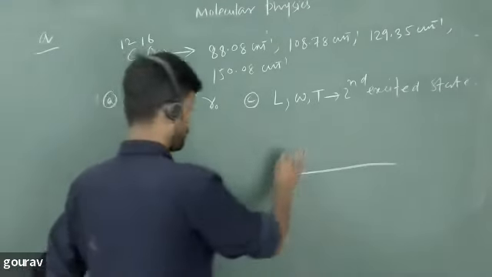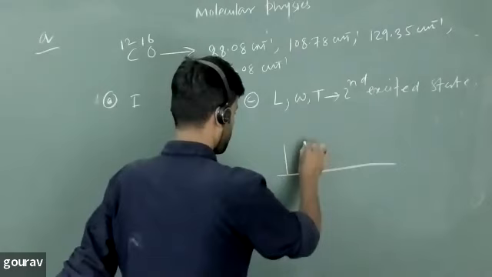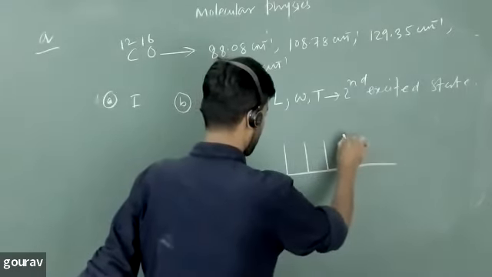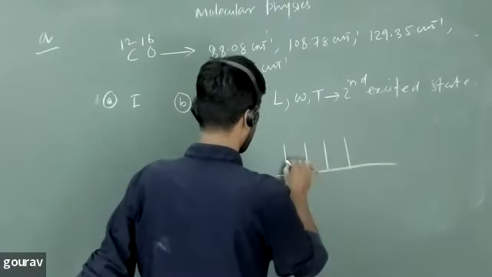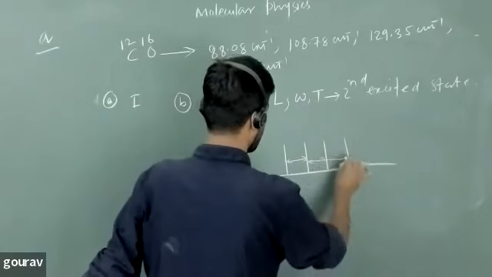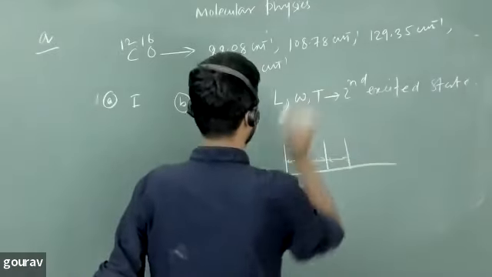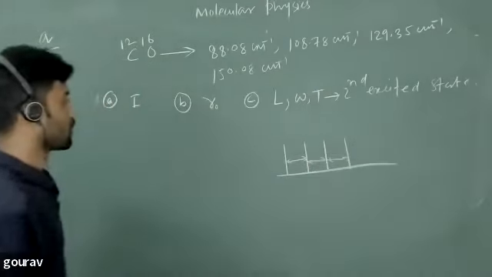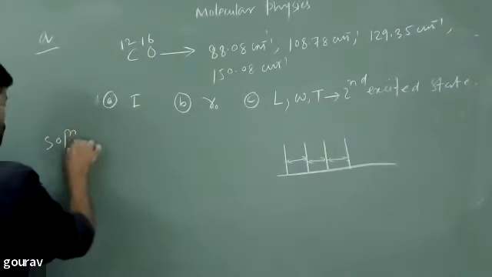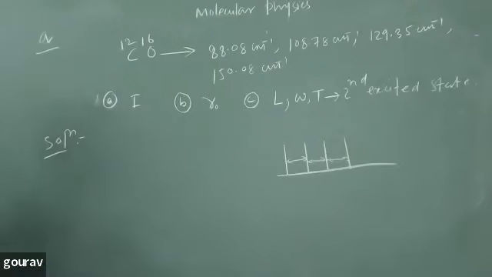So you have 4 lines. Yes, time period, capital T. Okay, so I will calculate.